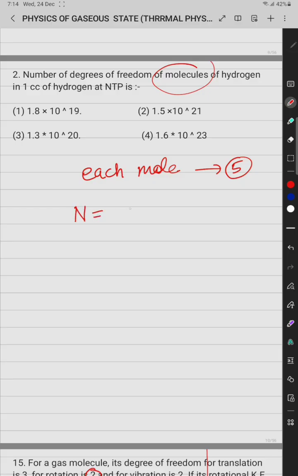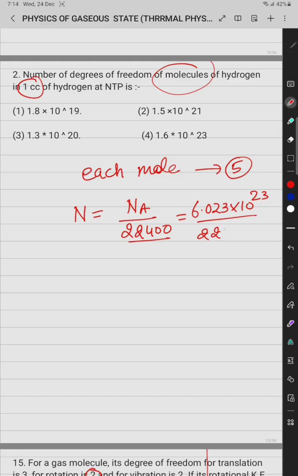टोटल नंबर ऑफ मॉलिक्यूल के लिए एवोगैड्रो नंबर से पर सीसी मीन्स पर यूनिट वॉल्यूम, यदि नंबर ऑफ मॉलिक्यूल निकालें, it is divided by, because we know in this volume the number of molecule is equal to the Avogadro number, so it is 6.023 into 10 raised to power 23 divided by 22400.